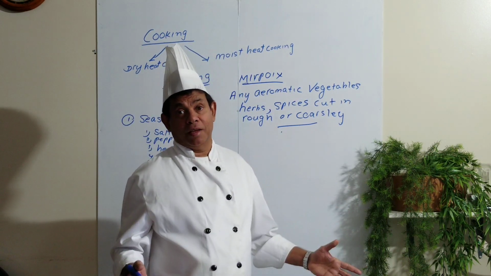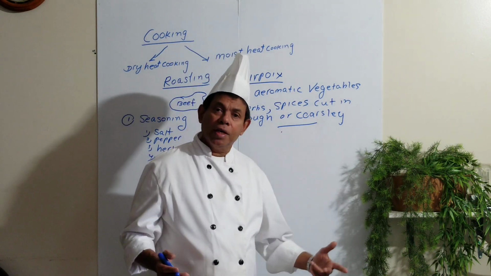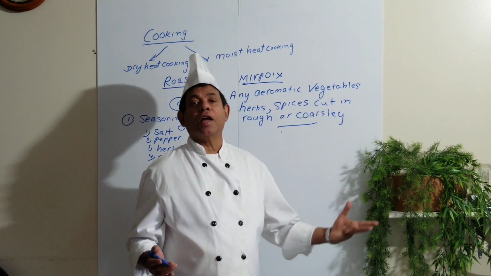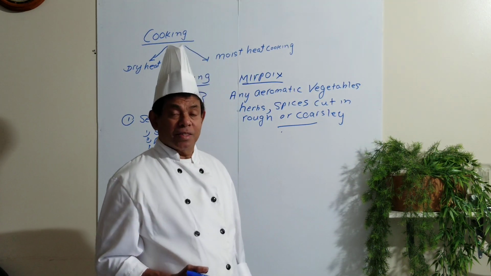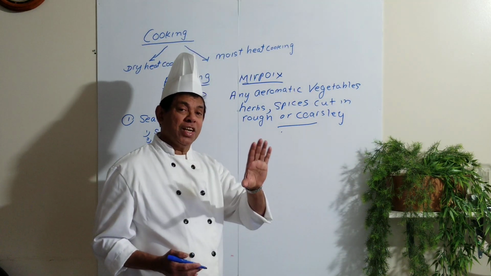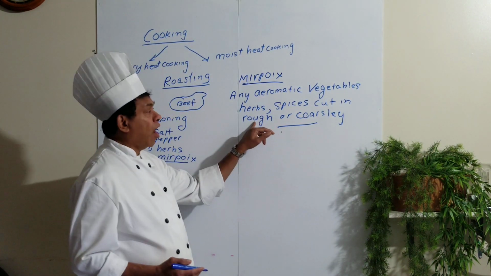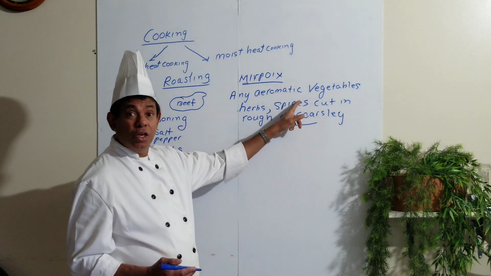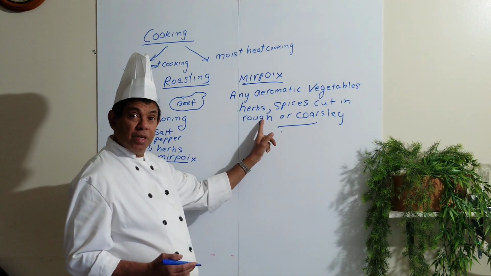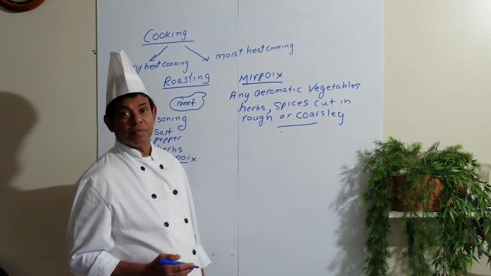They don't know the theory too much. Therefore, they can say, oh yes, as a mirepoix we can use onion, carrots and celery. Yes, we use those, but the professional answer is rough or coarsely cut any aromatic vegetable or herbs or spices.